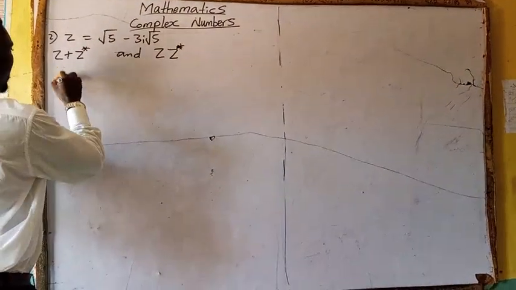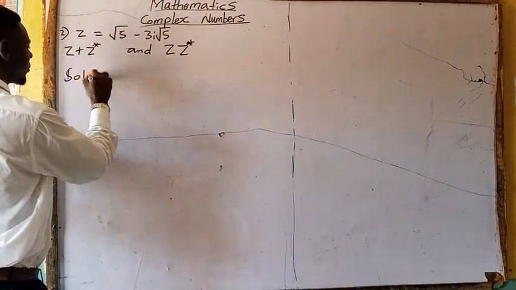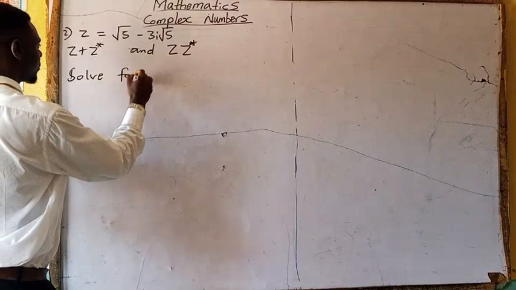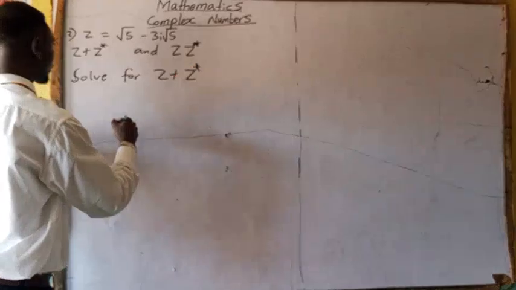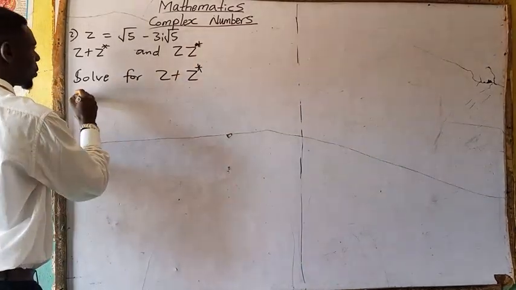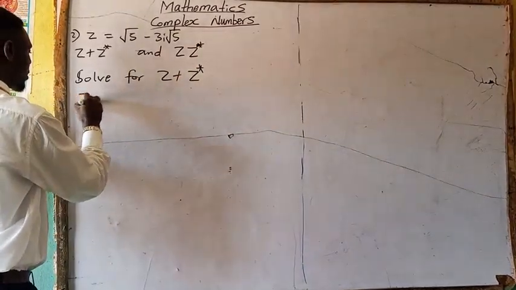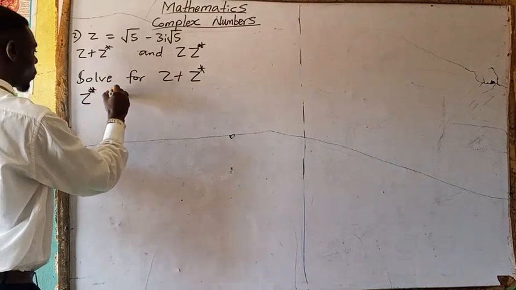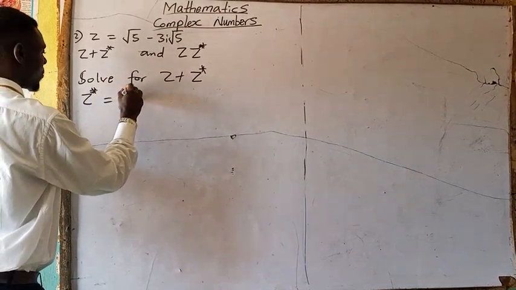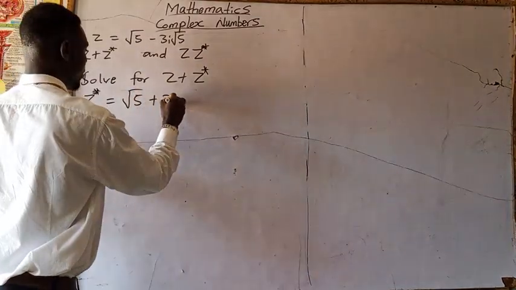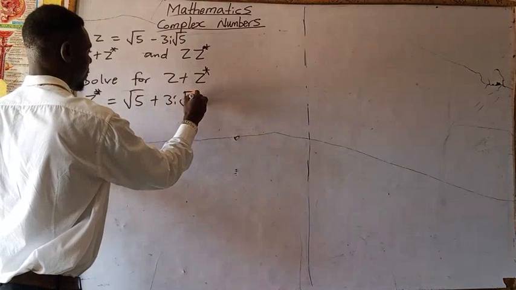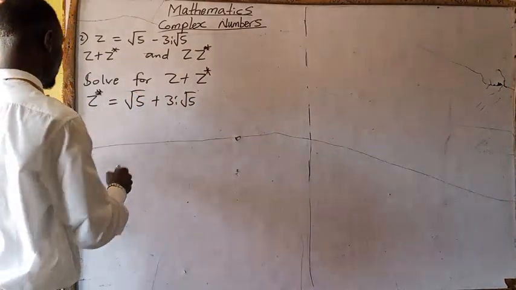Now, let's first of all solve for z plus z star. This one is the conjugate. So the conjugate, z star, will be root 5 plus 3i root 5.